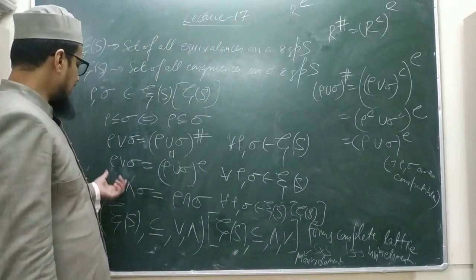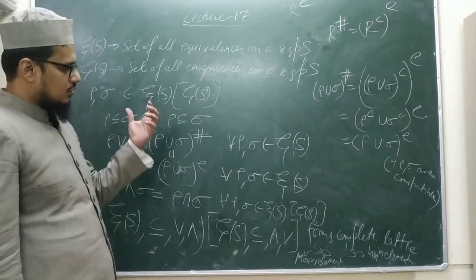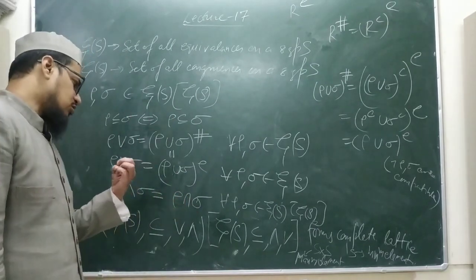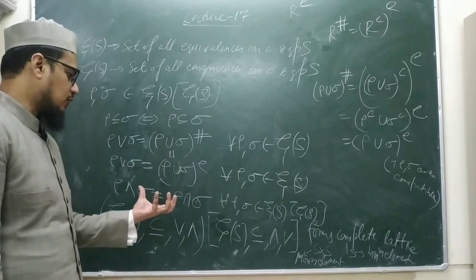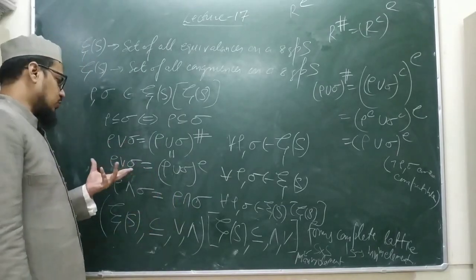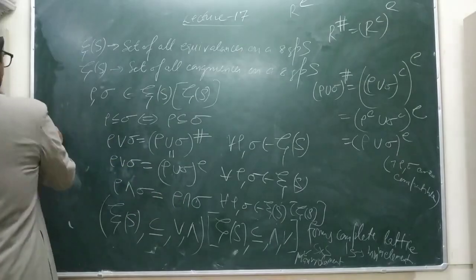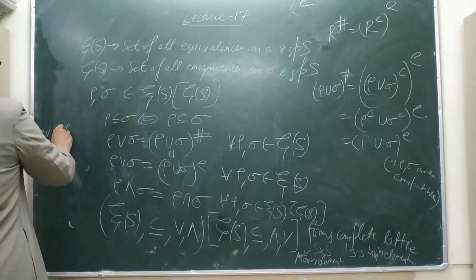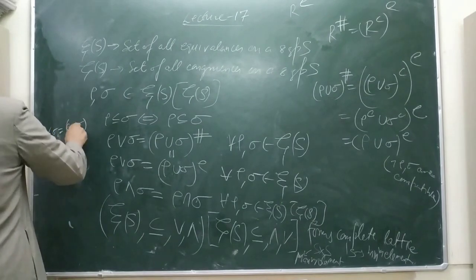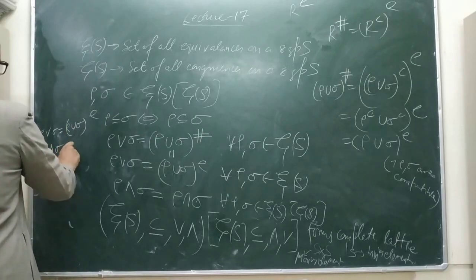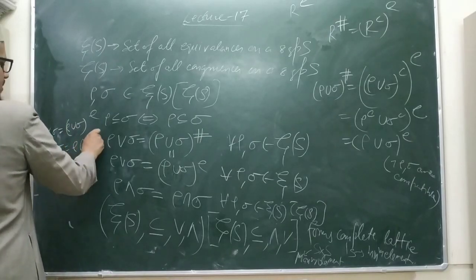So join and meet are fixed, whether we talk about the set of all congruences on a semigroup S or the set of all equivalences on a set X. Join is rho union sigma E, and rho meet sigma is equal to rho intersection sigma.